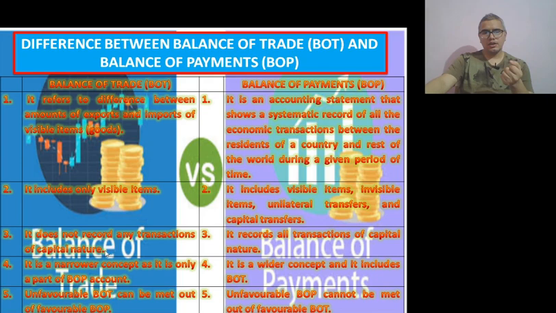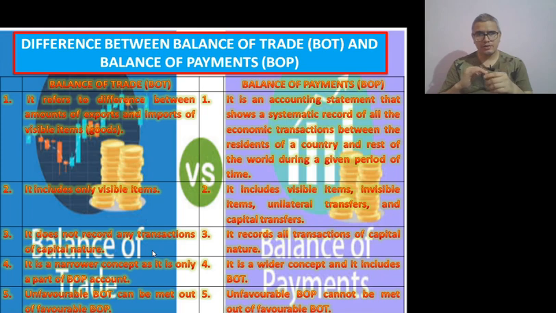Balance of trade does not record any transactions of capital nature. Let us recall what we learned in our last class: there are 4 components of the current account, and one of those components is visible items.